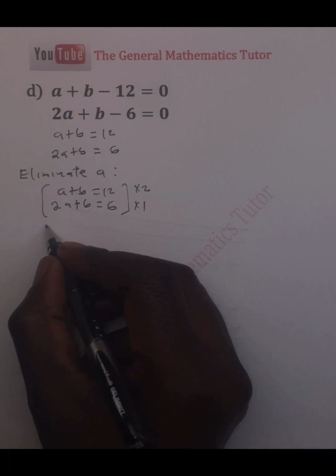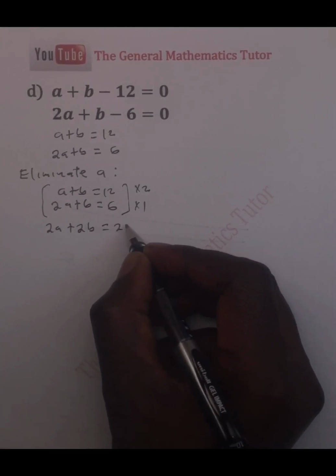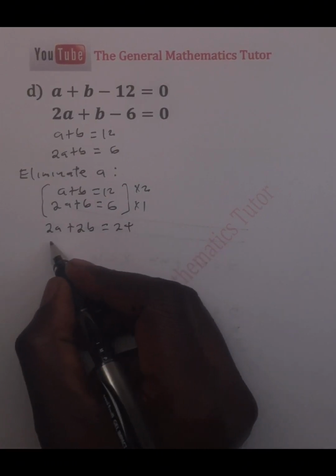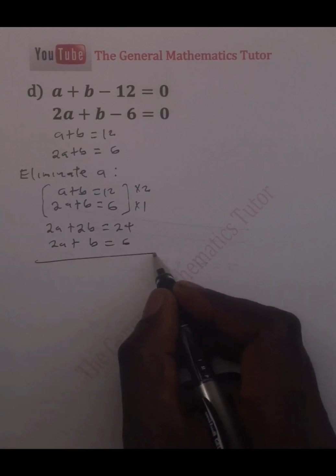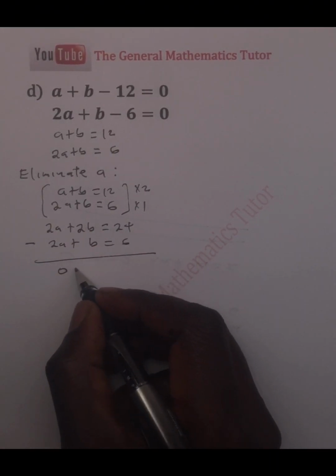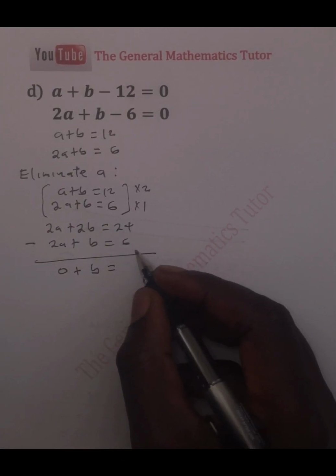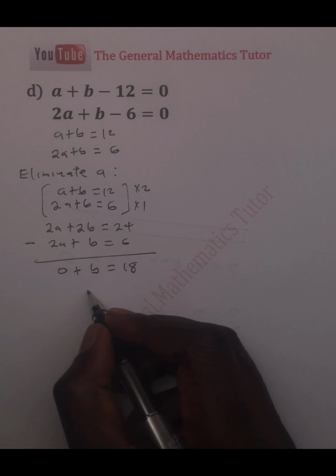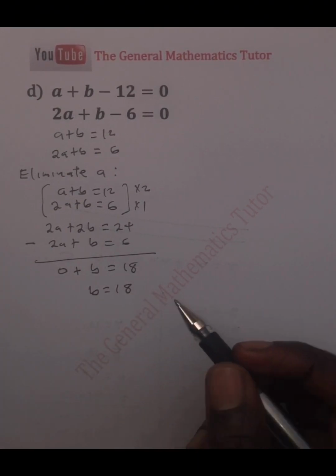So we're going to end up with 2a plus 2b is equal to 24, and this one is just 2a plus b is equal to 6. So you can eliminate a by subtracting, so that we have 0 plus b, 24 minus 6, that is 18. So we have that b is equal to 18.